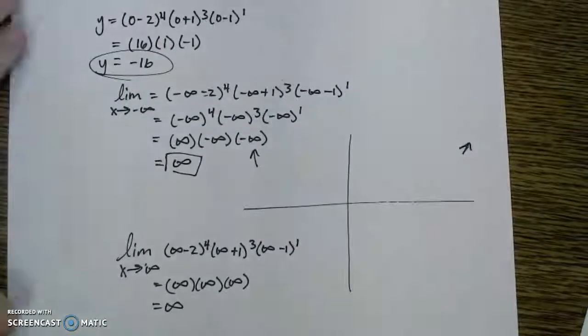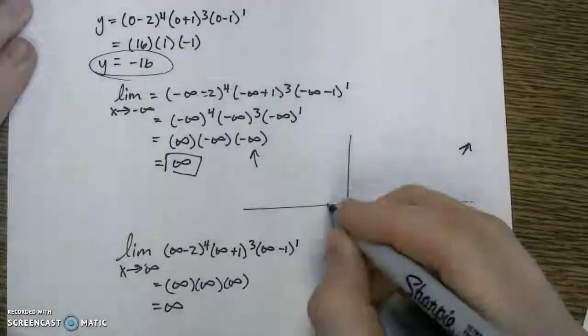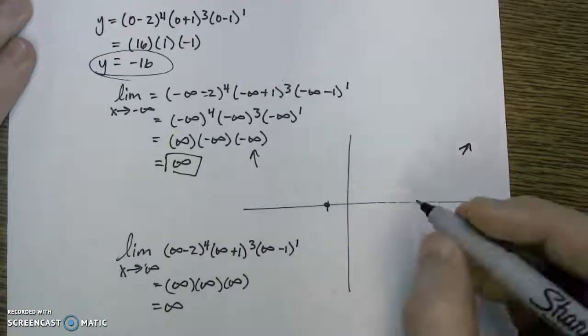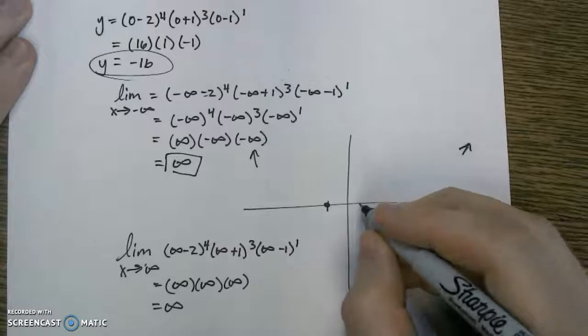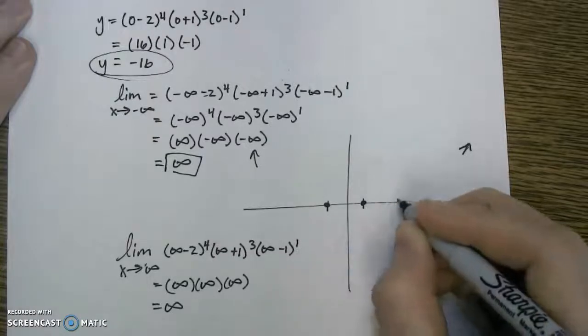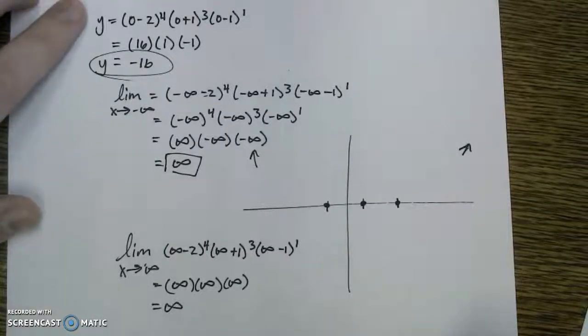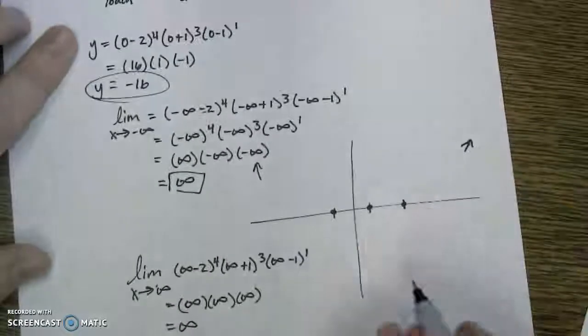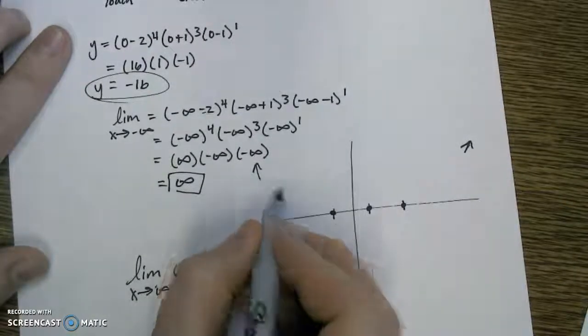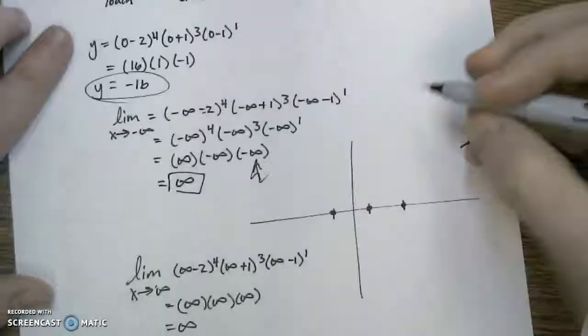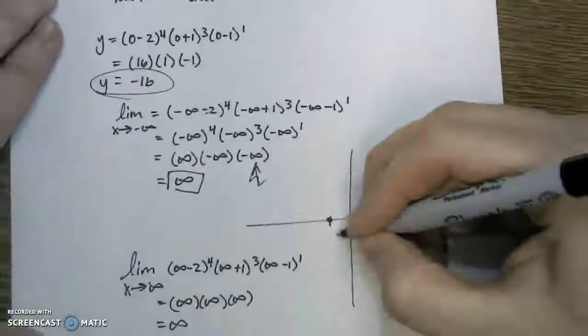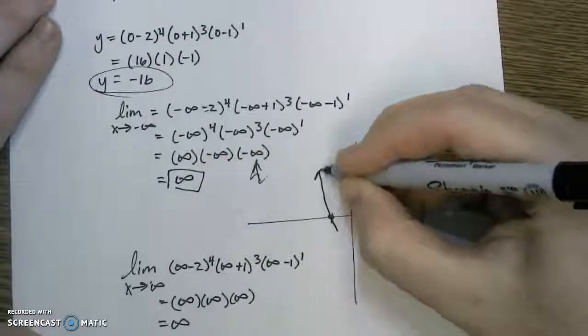And so if we plot our different intercepts, so -1, +1, and 2, so plot those, then we know that at -1 it crosses, so cross through, going up.